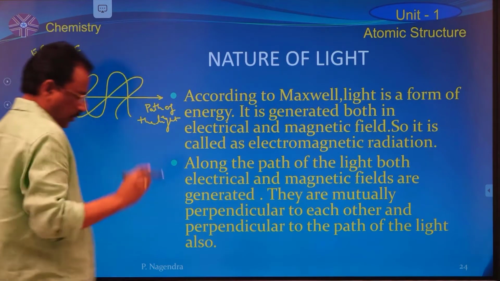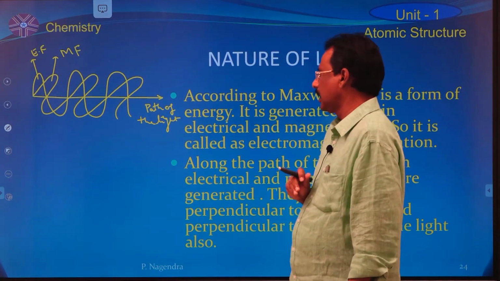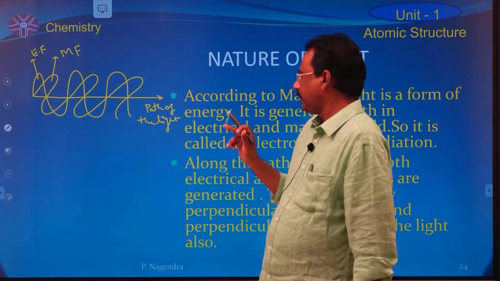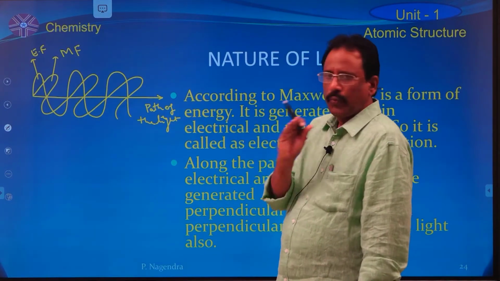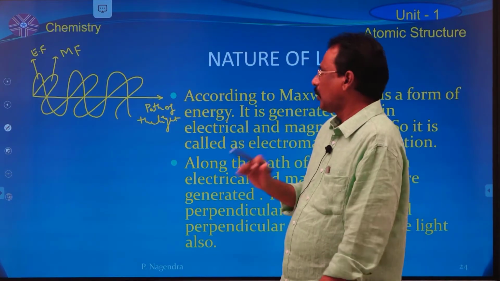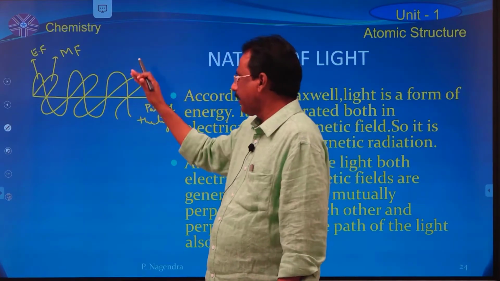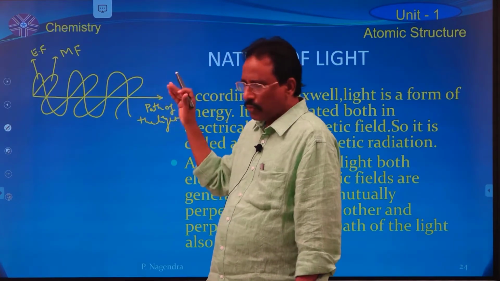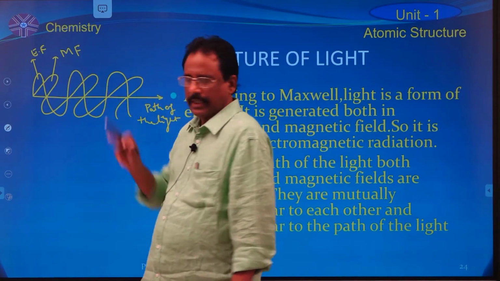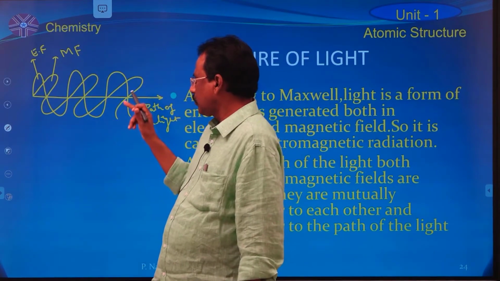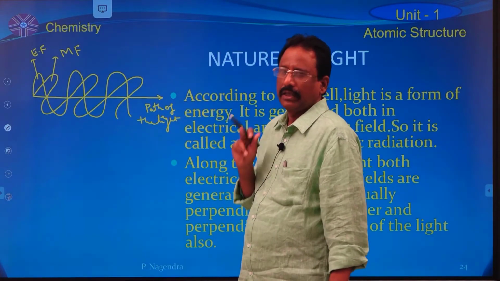From this diagram, a very important point is that along the path of any type of electromagnetic radiation, two fields are developed. One is the electrical field, another is the magnetic field. These two fields are mutually perpendicular to each other, and these two fields are perpendicular to the path of the light also.